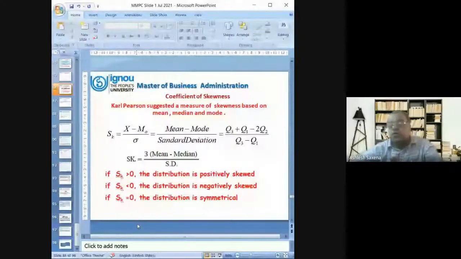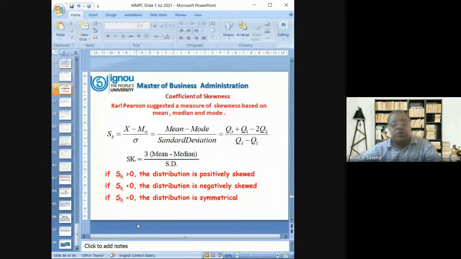Okay, write down the formula. Now this is related to coefficient of skewness.